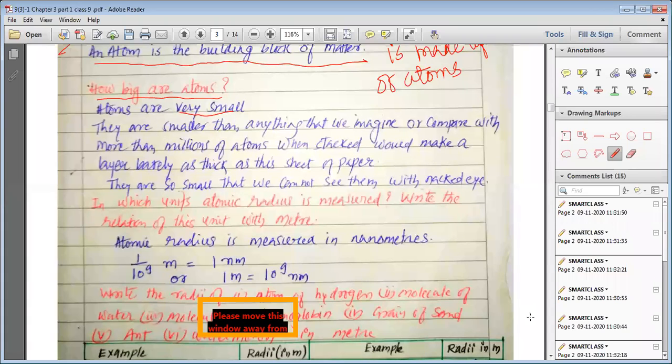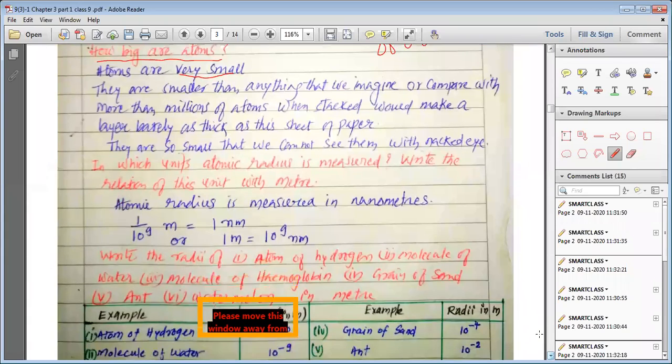They are smaller than anything that we imagine or compare. More than millions of atoms when stacked would make a layer barely as thick as a thin sheet of paper.